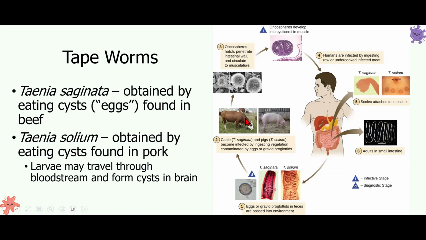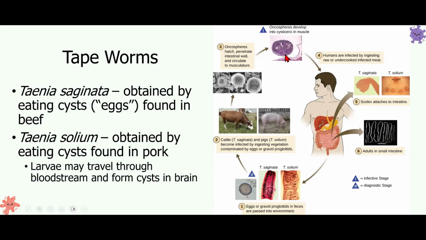Okay. The eggs are consumed by cows and pigs through infected manure or whatever. And then the worm infects the cow or the pig, and it produces these cysts that are in the muscles of the pig or cow. And these cysts are still very small, and they're found in the muscles.